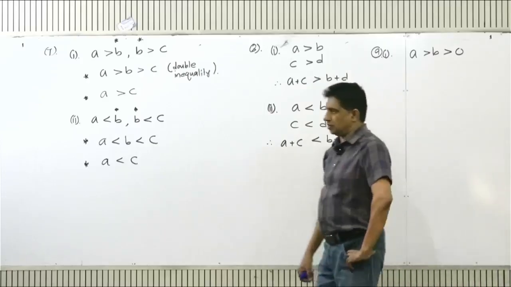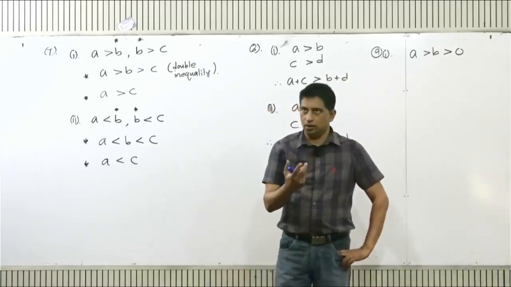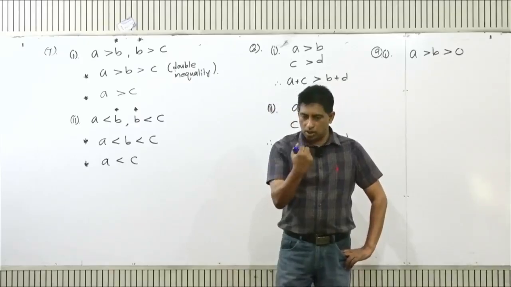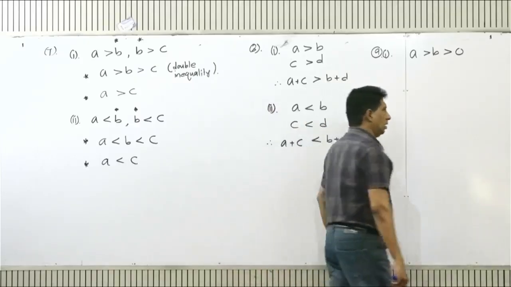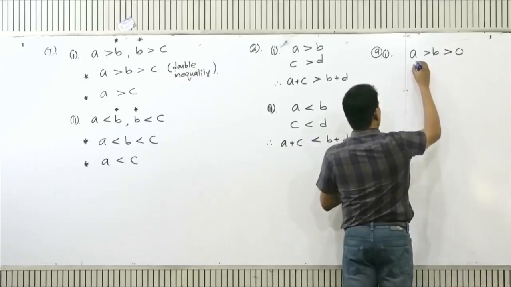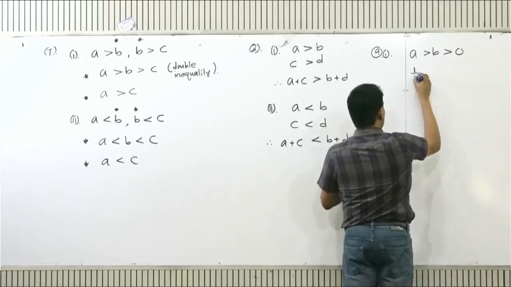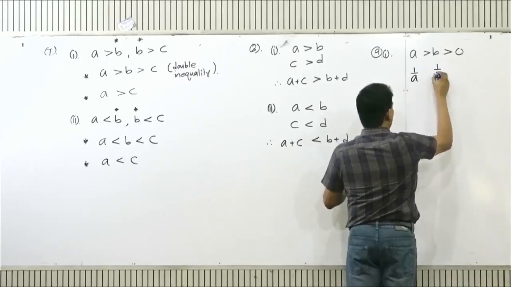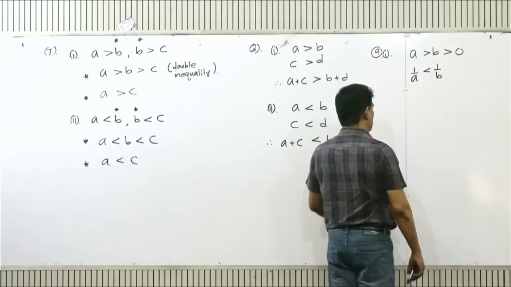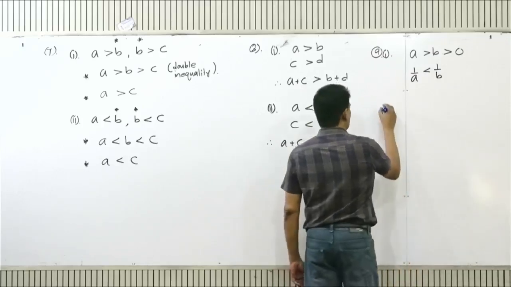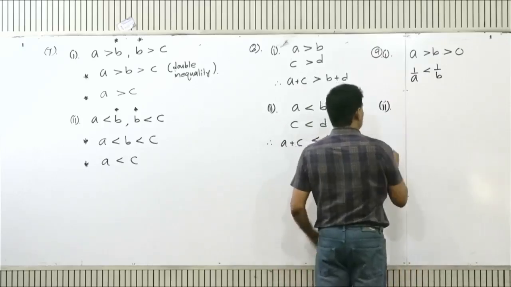The meaning of this one is there is an inequality in which both sides are positive, right? Then we can take the reciprocal, right? That means here 1 over A, here 1 over B. Then the inequality mark reverses. That is the law. Right? Second one.